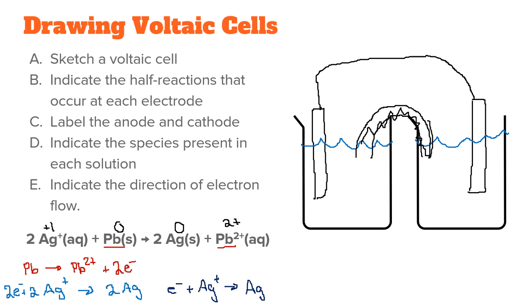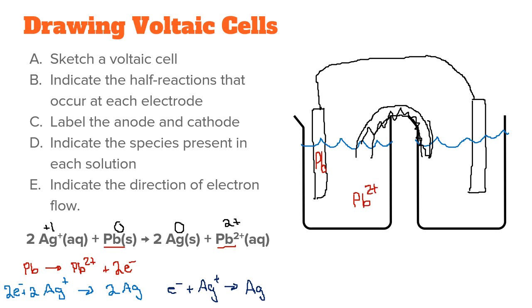Now we want to label what's going on within each voltaic cell. So I'm going to choose the first half to represent my oxidation reaction here, which means that the solid electrode is going to be solid lead, and within the solution we're going to have lead 2+ ions.